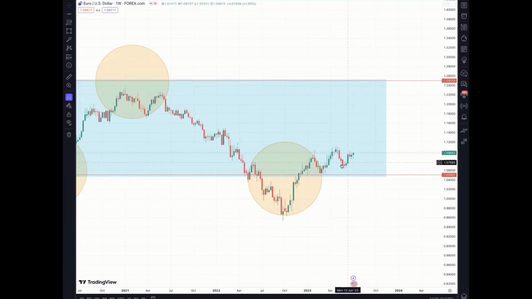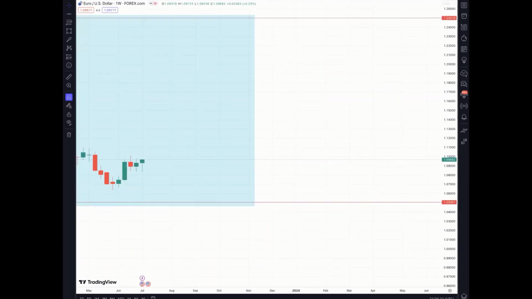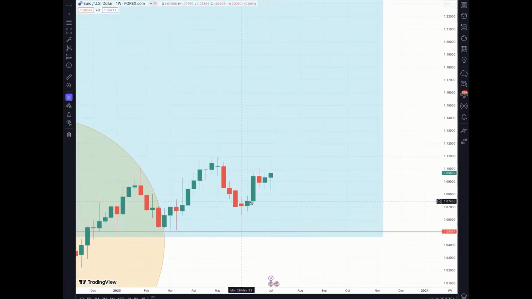Look at this engulfing candle here. One of the interesting things about this candle is that it engulfed more than 3 candles at the same time. It opened here and closed here, and you can see how it engulfed all this.